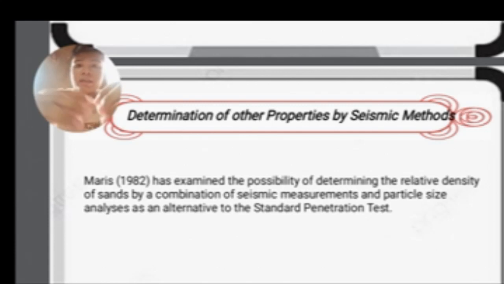So the idea is not new, but the general relationship with velocity has been established over the years, and it has also been proven that these seismic measurements are very relevant nowadays because they open the opportunity to determine or know more complex parameters.